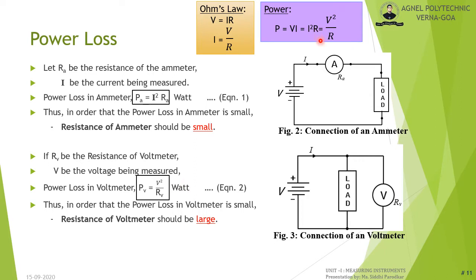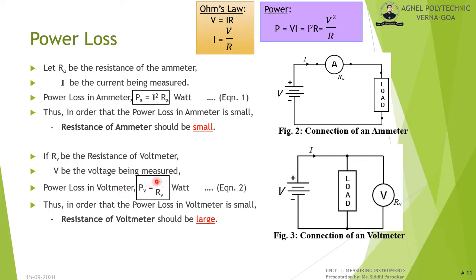Using this equation, that is P is equal to V square upon R, we get power loss in a voltmeter as Pv equal to V square divided by Rv, where Rv is the resistance offered by the voltmeter.